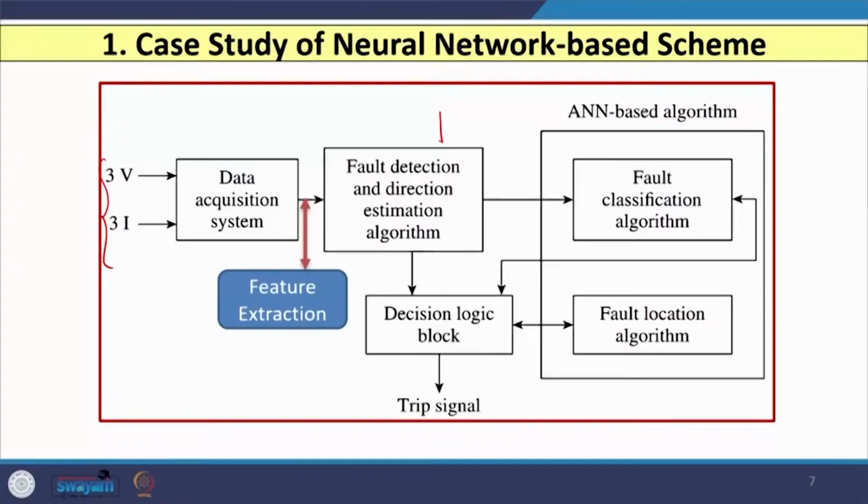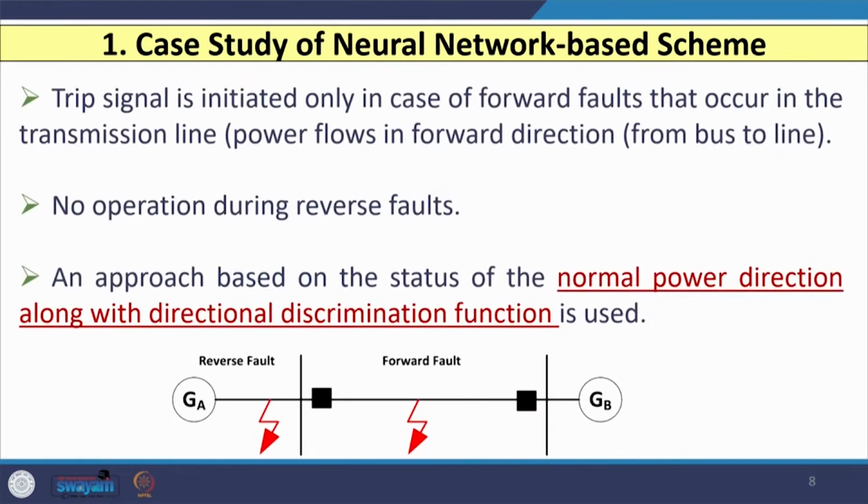easily carried out. The next block is the fault detection and direction estimation algorithm. So, a trip signal is initiated only in case of forward faults that occur on the transmission line. Here you can see I have shown a single line diagram of a single terminal transmission line network, where I have shown one fault that is termed a forward fault.